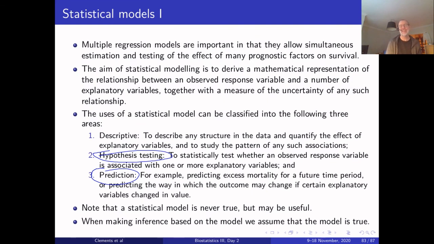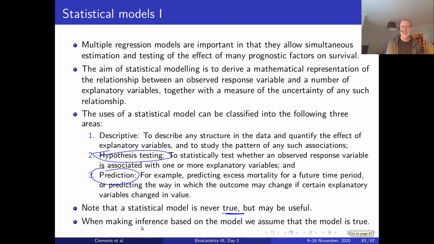Note, and you've probably heard this before, that we can never assume that a statistical model is true, but the models may be useful. When making inference based on the model, we do then assume that the model is true.